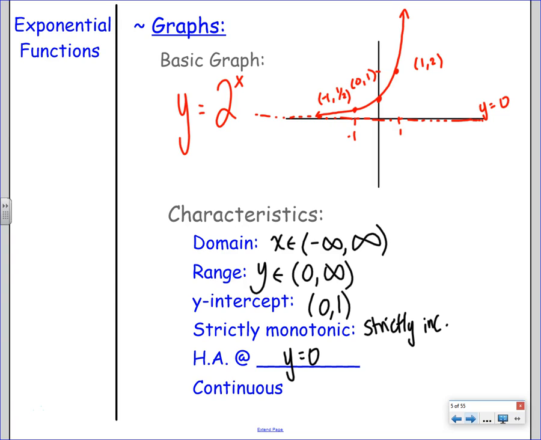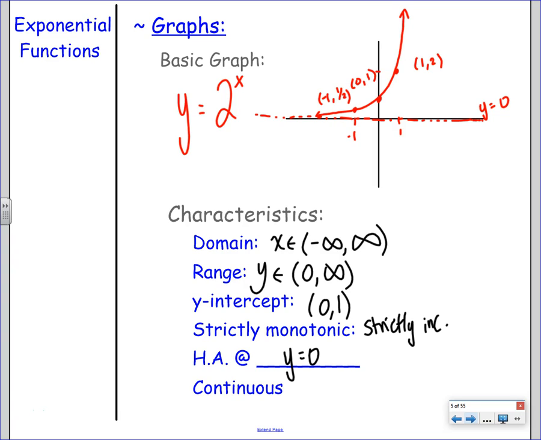If you fill that one in, y equals 0, we already talked about this last chapter. And so the key parts to any exponential graph are the intercept, the swoop, there it is, and then the horizontal asymptote. But I just gave these 2 little points to help you out with how steep to make that swoop. I think it makes it easier, and it reminds you of negative exponents at the same time.